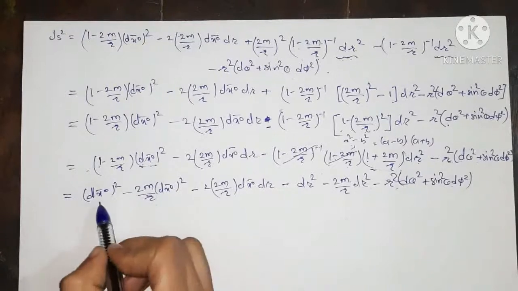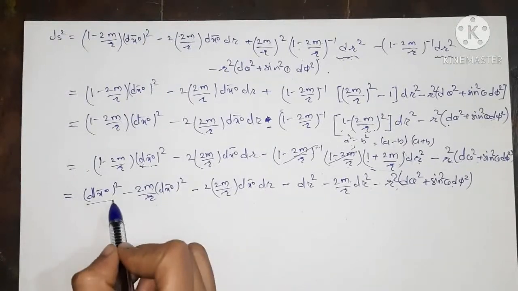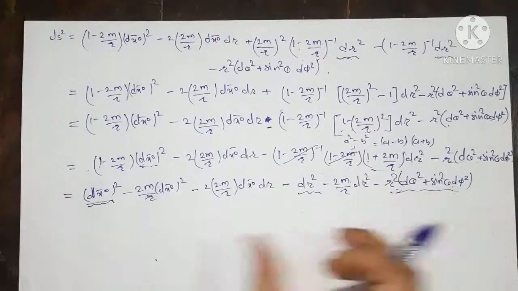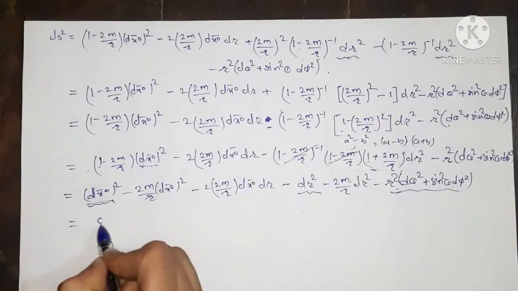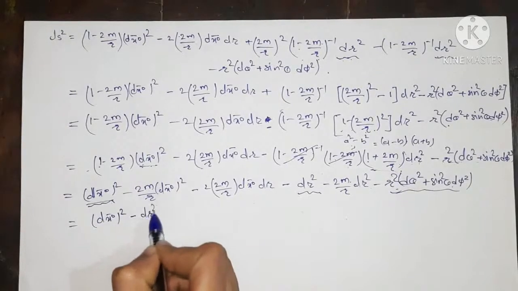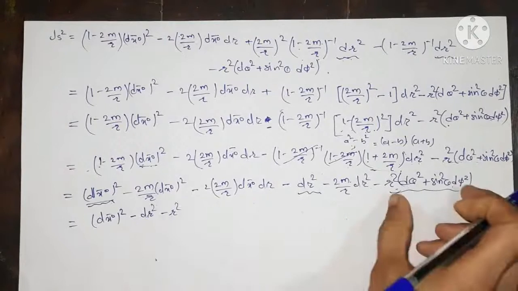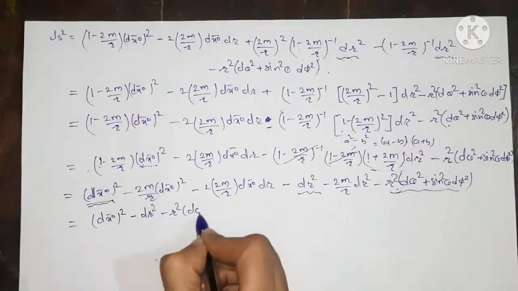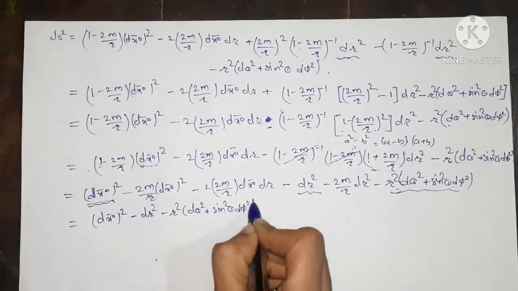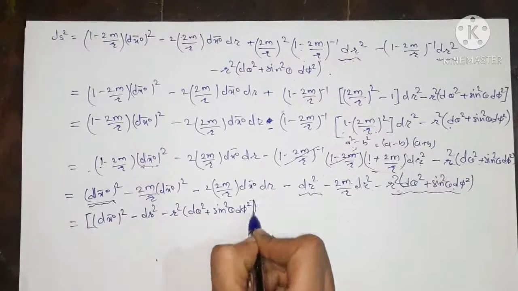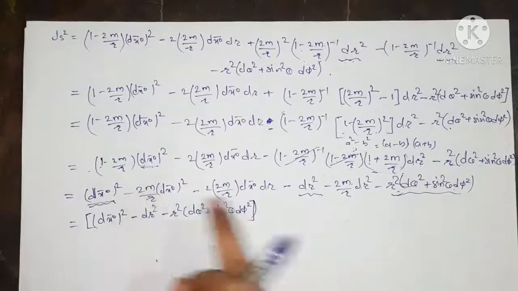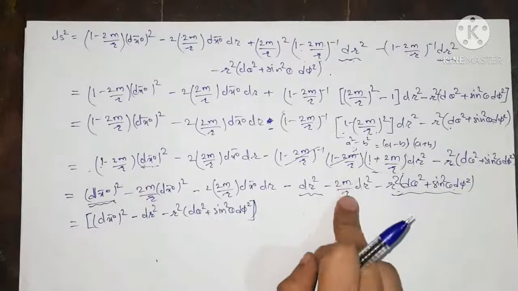Now we can take the common of this term and this term in one bracket. So we get dx0 bar squared minus dr squared minus r squared, that is this term in the bracket, (d theta squared plus sine squared theta d phi squared). Okay, and now here are the terms which contain 2m/r, 2m/r, 2m/r.